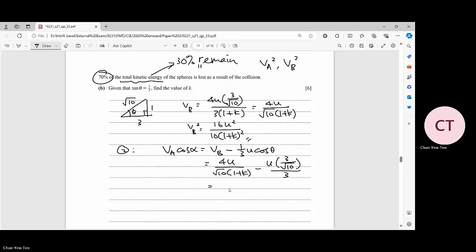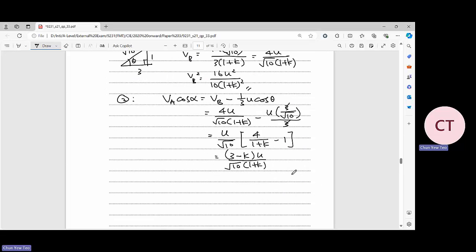If you combine them together and simplify, you can see that the 3 can be cancelled. Take the u over root 10 out, then you get 4 over 1 plus k minus 1. Combine them together, you get 3 minus k, u over root 10 of 1 plus k. That will be your VA cos alpha.